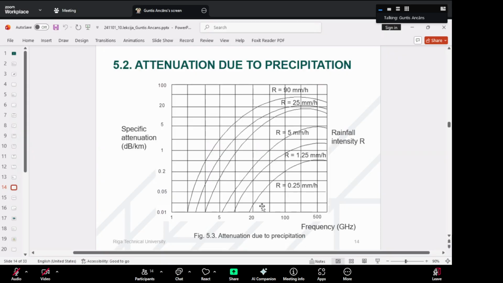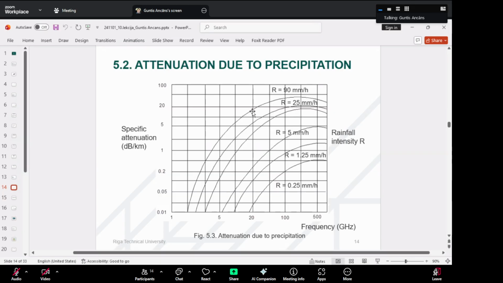But if we go up to a higher possible value, rain intensity of 90 millimeters per hour, then this attenuation could be somewhere around 18 decibels per kilometer.